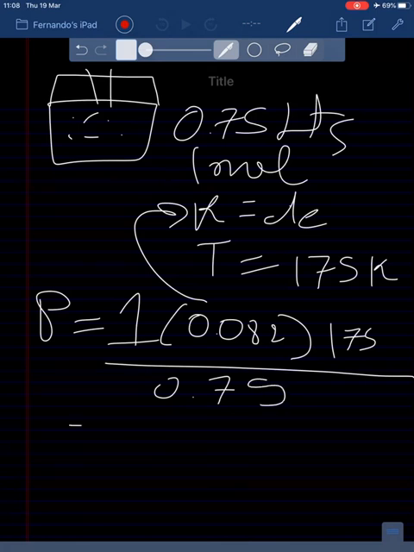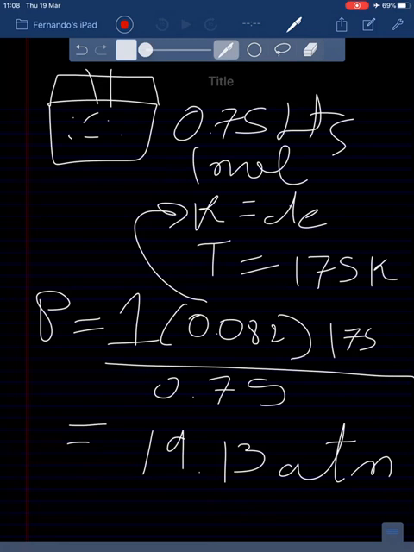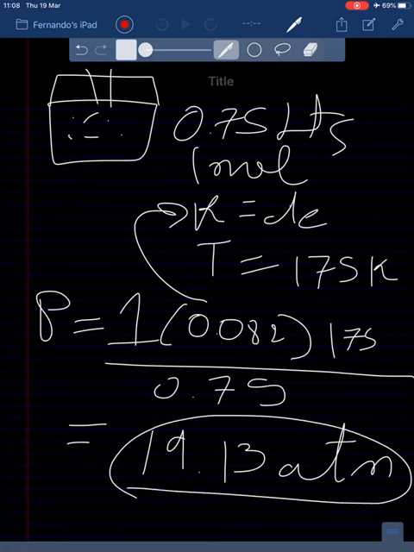I'm going to give you a moment so you can do the math. Very well. And when you finish, the resultant number is going to be 19.13 atmospheres.